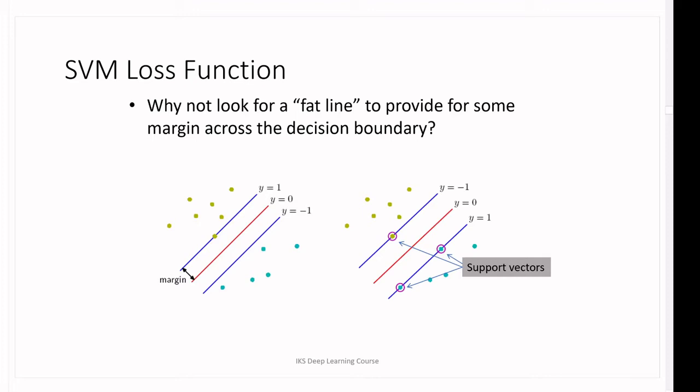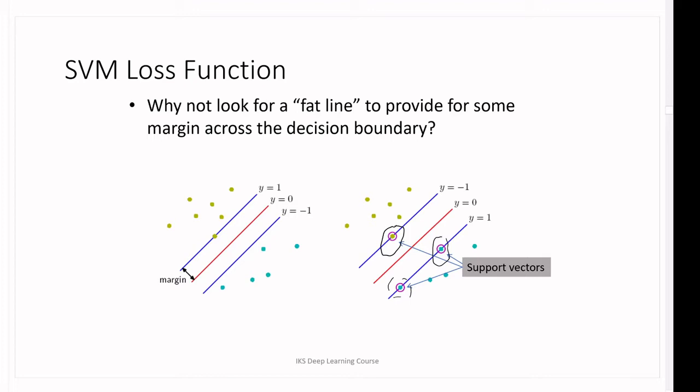So if you move your line, a red line, on both sides up and down, you can see here that as I move upwards, here is an example from one class, and when I move my line on the other side, here is an example from the other class that first hits the line. So these examples that hit your boundary as you move your boundary up and down are known as support vectors.